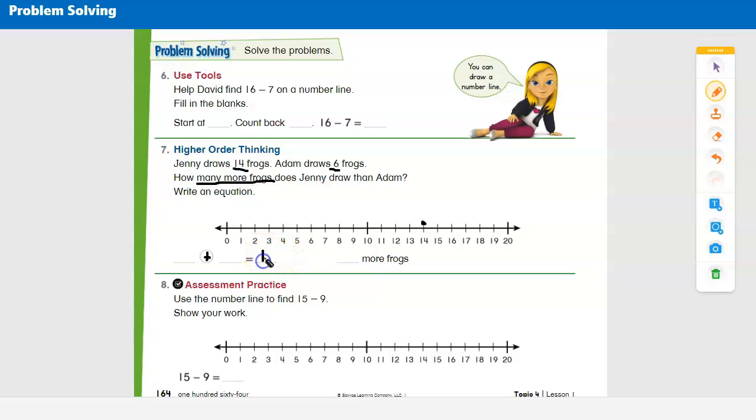So I will write in this part of the equation. We know we have 14 total. And we know that Adam drew 6, so we want to find this missing add-in here. And this number will be the same as this number. And you will find it out by counting back how many jumps you have to count back to get to number 6. So jump back from 14, and however many jumps you do to get to 6 will be your answer.